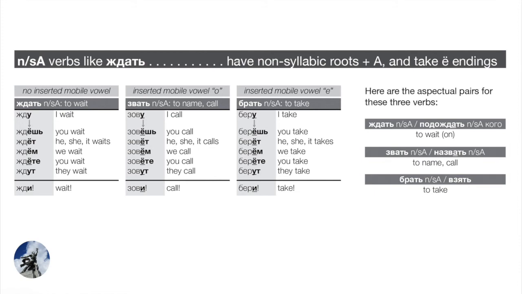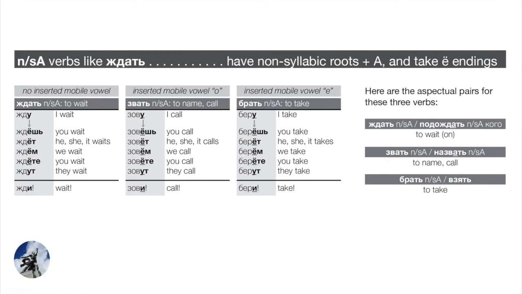Now the final pair here, брать, взять, is probably one of the trickiest pairs in Russian. You might want to circle it because it's so common, obviously, to take. It's an extremely common verb, but it's a tricky pair. Students are always confusing it. You might really want to make a point of learning this. Why is it so tricky?